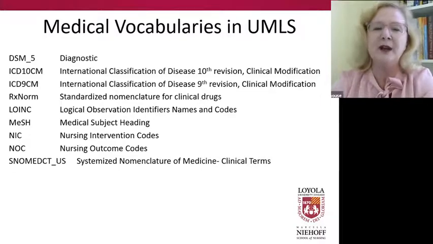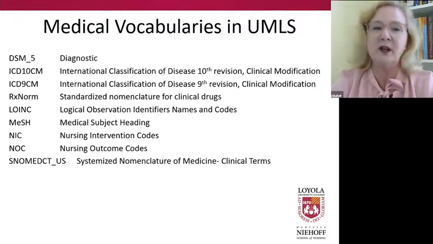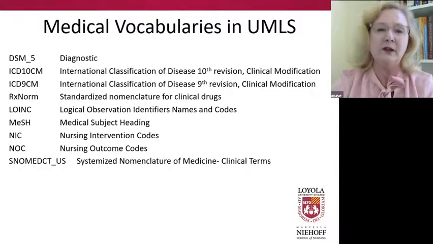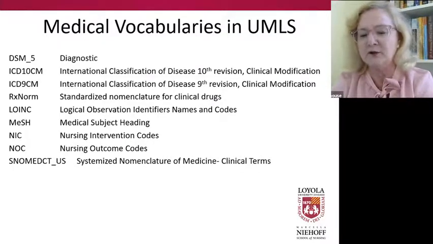Do you remember learning NIC and NOC from school? Well, yes, we actually use it, and there is medical vocabulary taxonomy included in the UMLS related to nursing codes. There's also the MeSH, Medical Subject Headings.